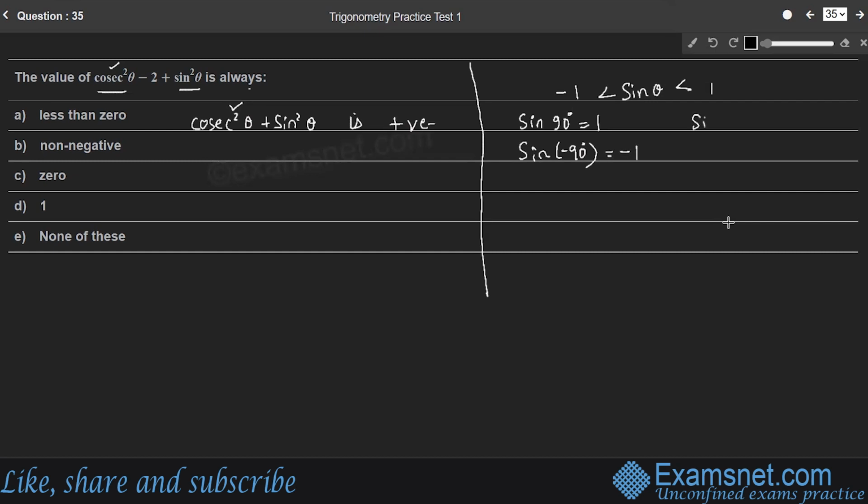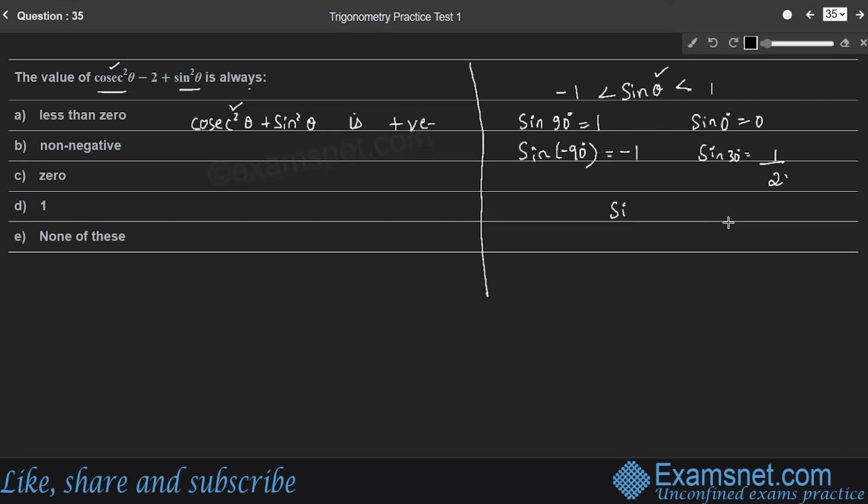If it is 0 degree, sin 0 is 0, right? Other values may be 30 degree, 60 degree, 40 degree, right? It depends on that, but it lies between -1 and +1, right? Sine of an angle lies between -1 and +1.